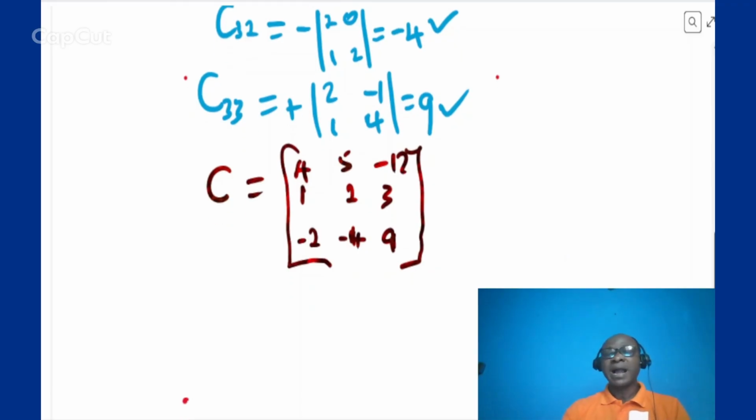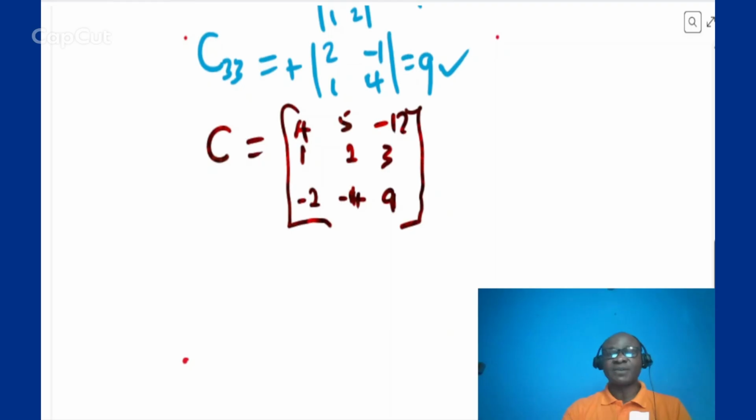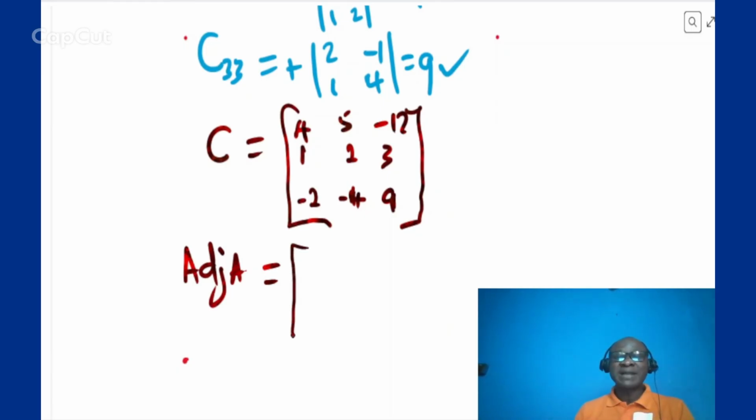Therefore, I will now form the adjoint matrix from it. So the adjoint matrix of A now, are you listening? Yes. It is going to be the transpose matrix. What is transpose? Make the row become the column. So this 4, 5, minus 12 will now be the first column. Next one, 1, 2, 3 will now become the next column.